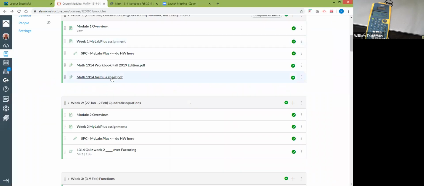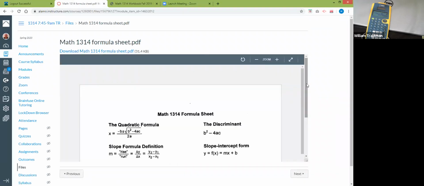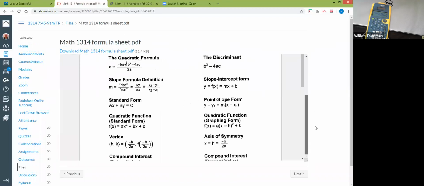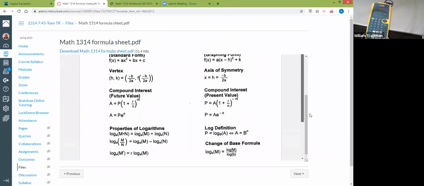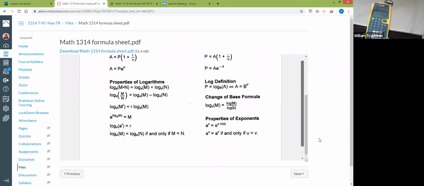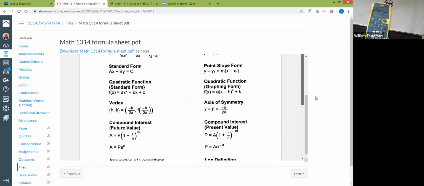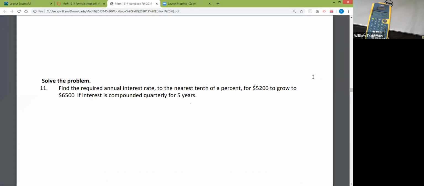I don't think they have everything I thought was going to be easy. Let's look at the formula sheet. Let's see what's on here. I just have compound interest. That's it. All right. So we have a little extra work to do here for this problem.